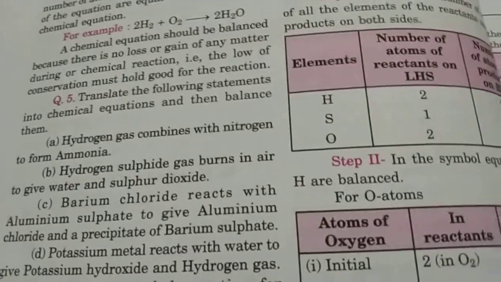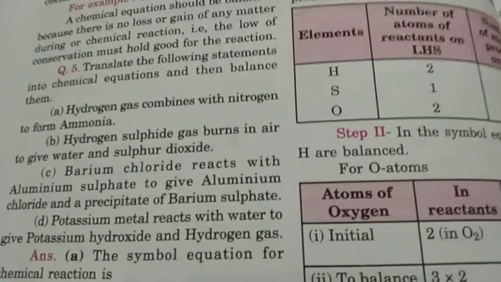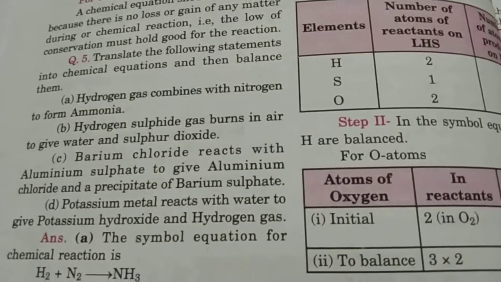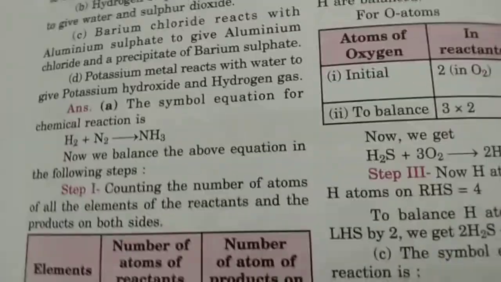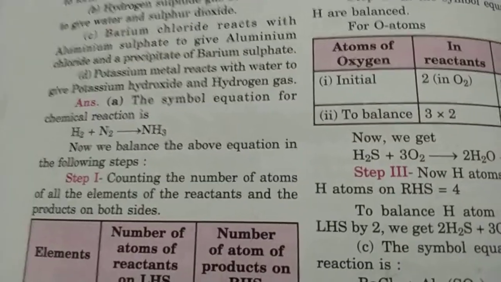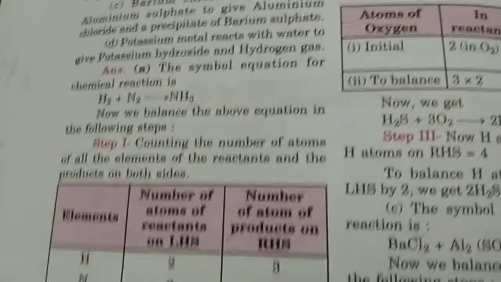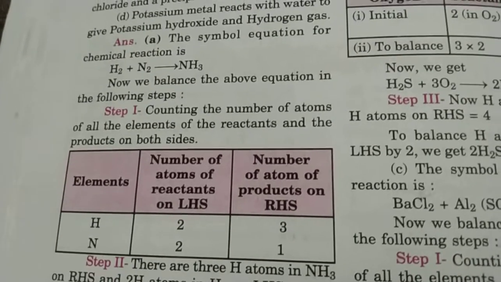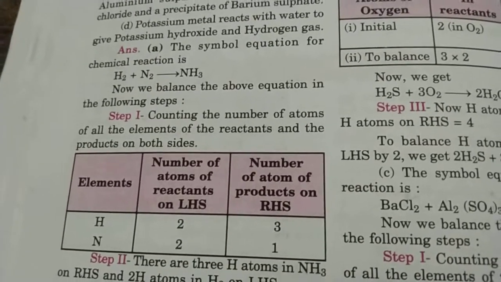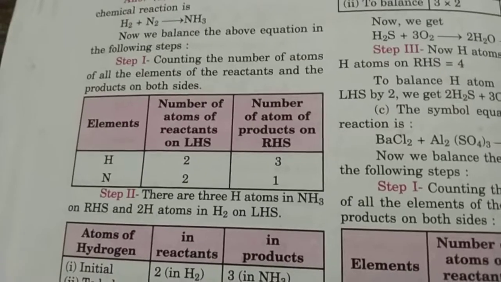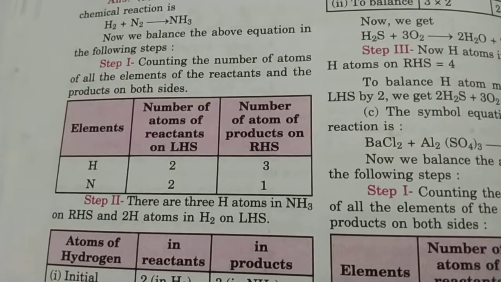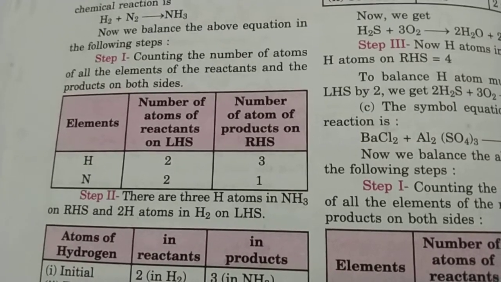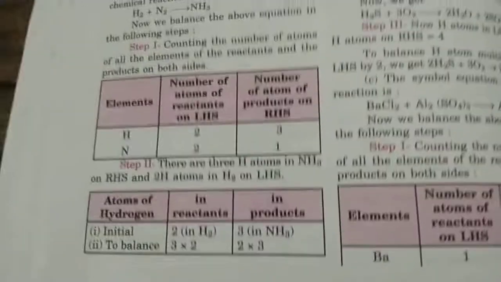Translate the following statements into chemical equations and then balance them. Hydrogen gas combines with nitrogen and forms ammonia gas. H2 plus N2 gives NH3. Now we balance the above equation in the following steps. Step one, count the number of atoms of all the elements of the reactants and the products on both sides.